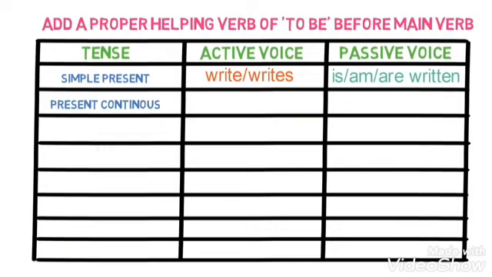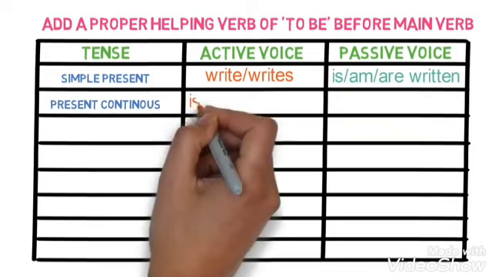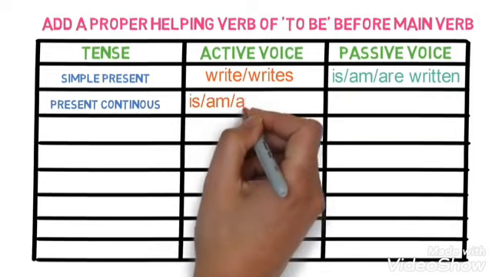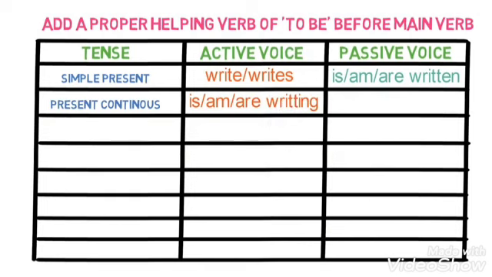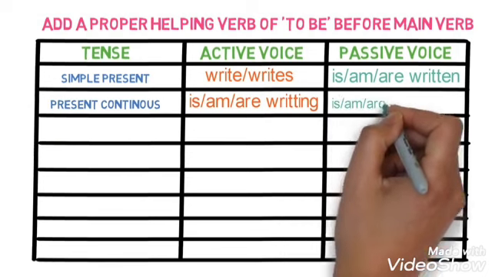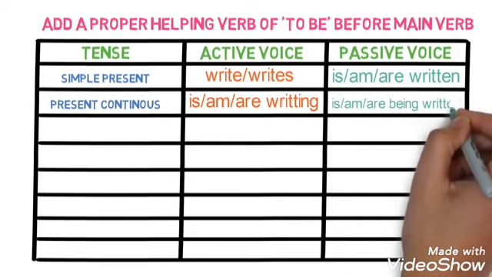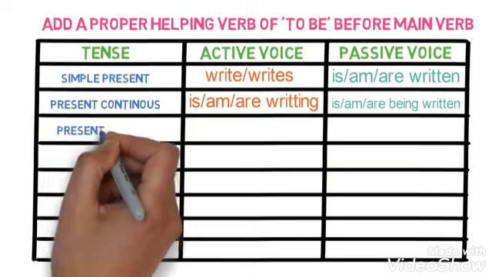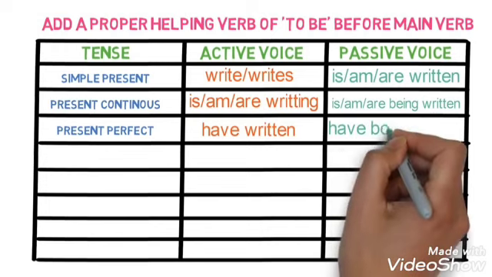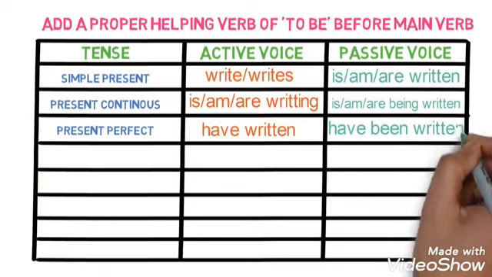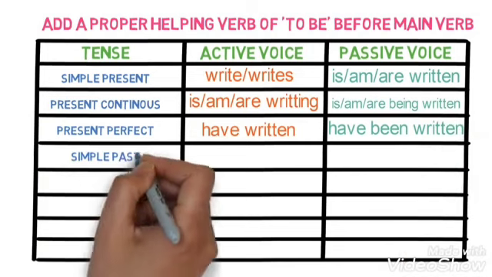In the present continuous tense, the active voice is is, am or are writing. In the passive voice, is, am or are being written. In the present perfect tense, the active voice is have written. In the passive form, have been written.